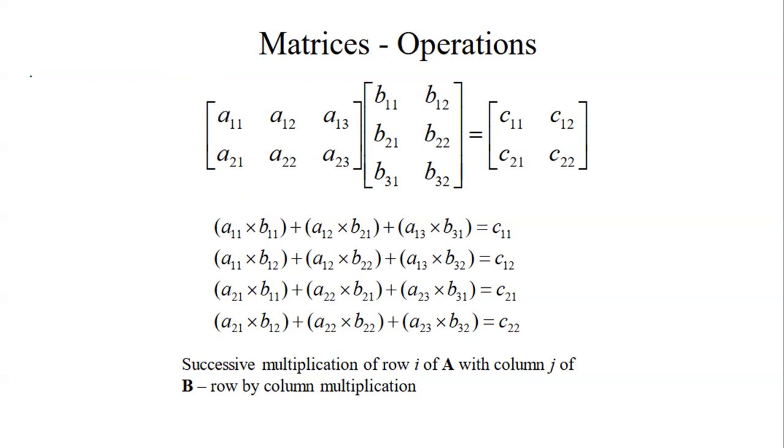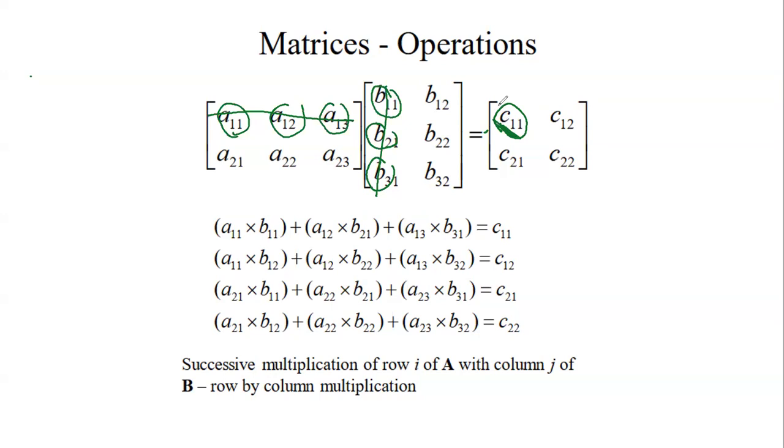So you're multiplying this row by this column, and that will give you this number here. And that's what they're trying to show you, right? A11 times B11 plus A12 multiplied by B21, plus A13 multiplied by B31, right? So you want this multiplied by that plus this multiplied by that plus this multiplied by that. And that will give you this number here.